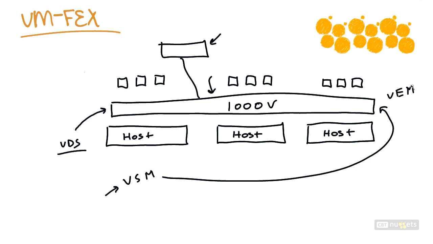So the virtual Ethernet module is actually switching the data traffic and runs on a VMware host. This virtual supervisor module can end up controlling several virtual Ethernet modules, and those virtual Ethernet modules are all functioning within the VMware vCenter environment.